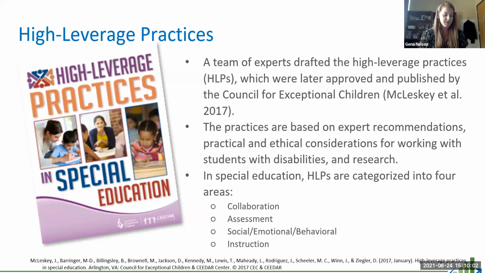The team of experts also considered research that supported each of the 4 areas in which the HLPs were eventually categorized, including collaboration, assessment, social, emotional, and behavioral learning, as well as instruction.